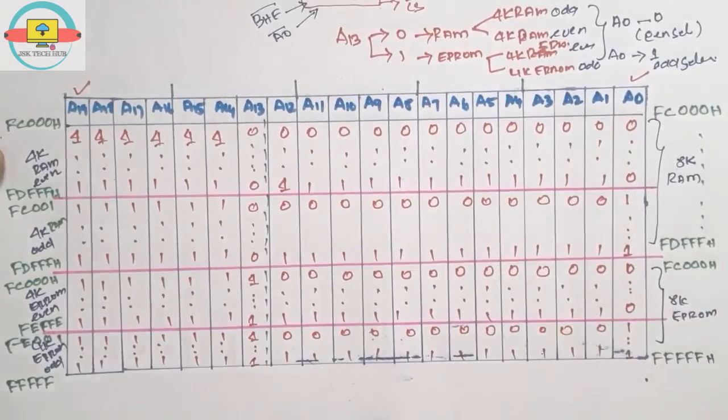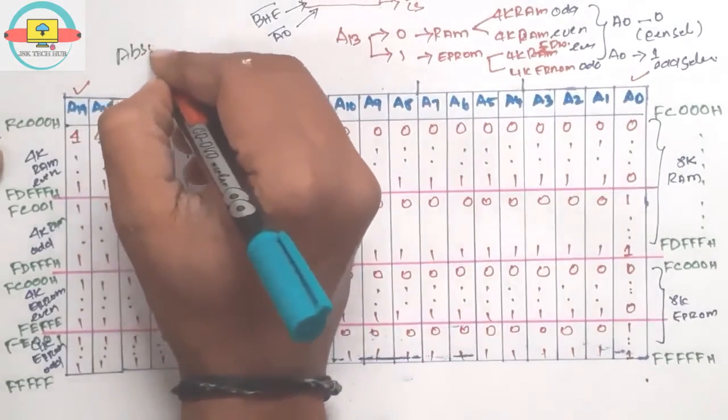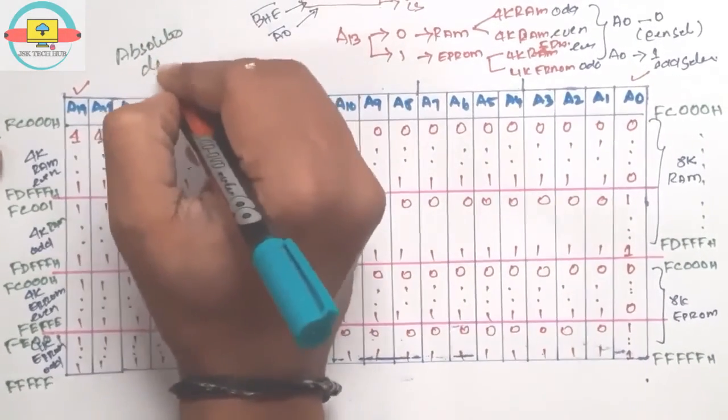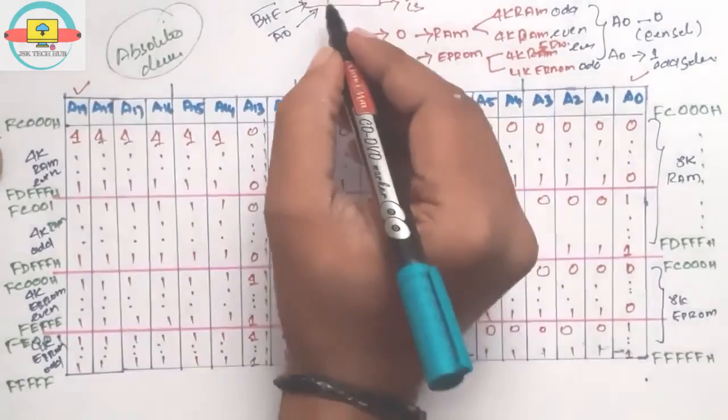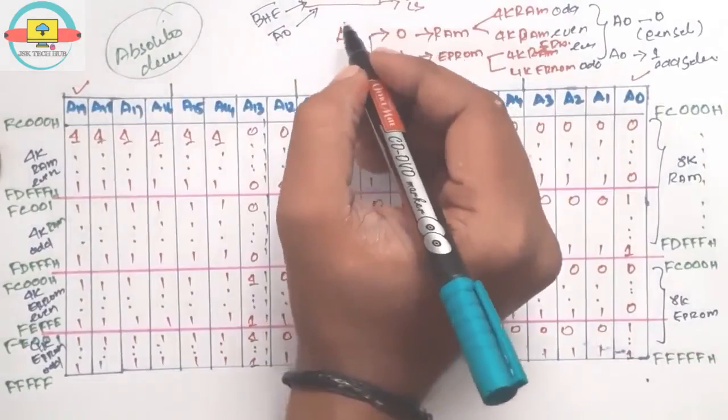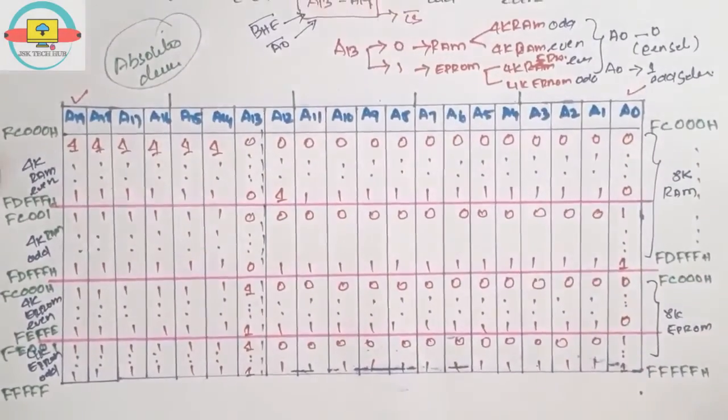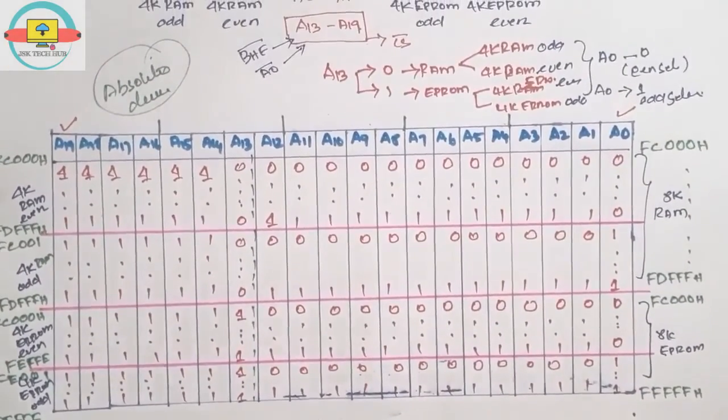This is the starting and ending address of my 8 kilobyte RAM and ROM memory. In this address mapping, we used the absolute decoding method because the address lines from A13 to A19 are used to select the corresponding control logic signal.